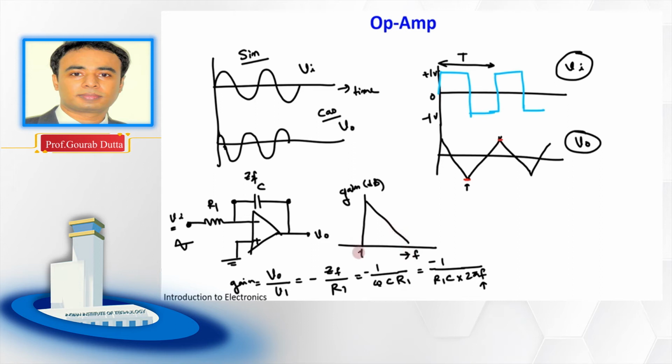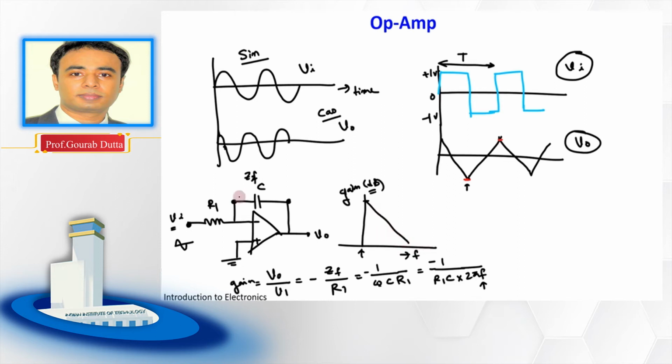When the frequency is 0, meaning DC, the gain of the circuit will be very close to the open loop gain, which is very high. So that's how we have plotted this gain in dB. Now as you increase the frequency, which is in log scale, the gain will fall down.